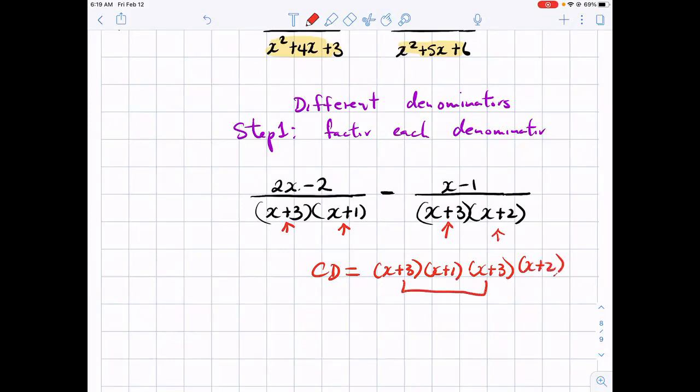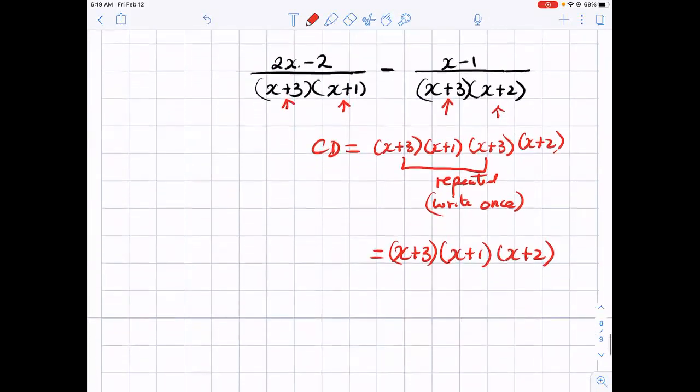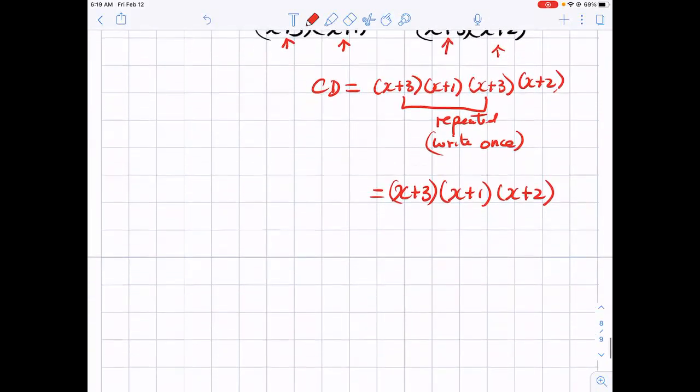So since these two are repeated, we only write it once. So we have x plus 3 times x plus 1 times x plus 2. Okay? We don't need to write it twice. So our common denominator is x plus 3 times x plus 1 times x plus 2.